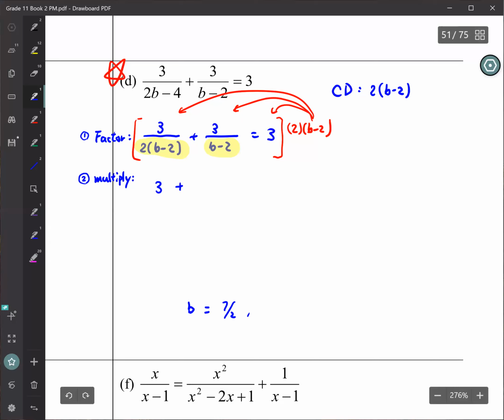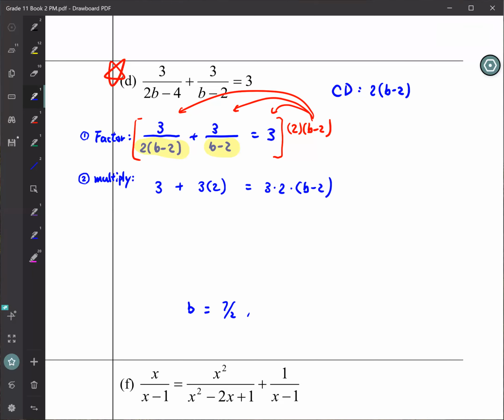With the second one, it cancels out the b minus 2, so you still have a 2, so it should be 3 times 2. For the right side, nothing cancels, right? Because there's no denominator. So it'll be 3 times 2 times b minus 2.